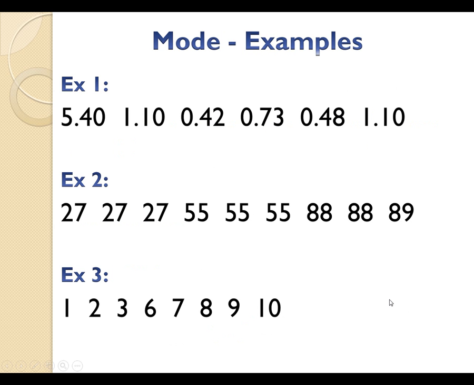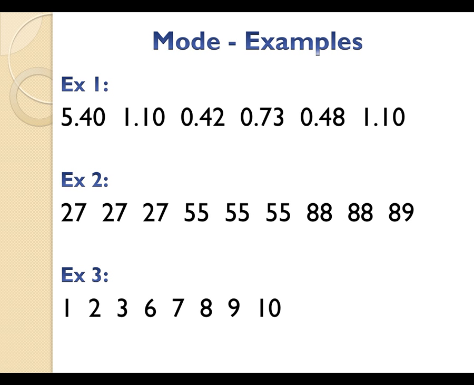So here's an example. We have 5.40, 1.10, 0.42, 0.73, 0.48, 1.10. The mode of the first data set is 1.10. Why? Because it happens more than once, and none of the rest of them happen more than once, but 1.10 does.